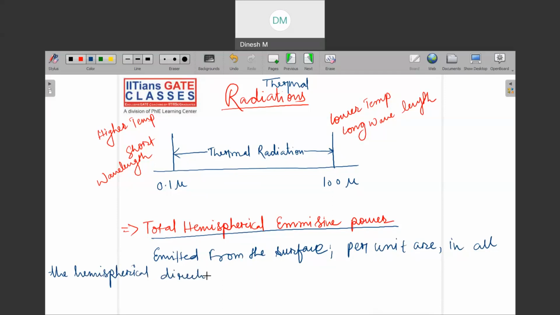In all the directions, and then you integrate it over all the wavelengths through which it is emitting its power.